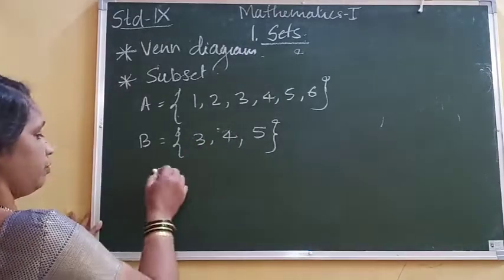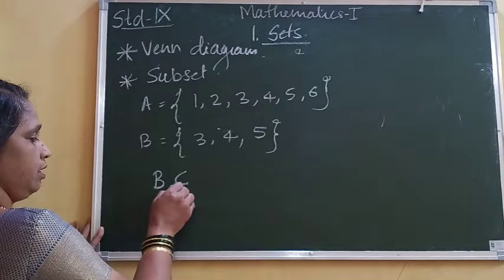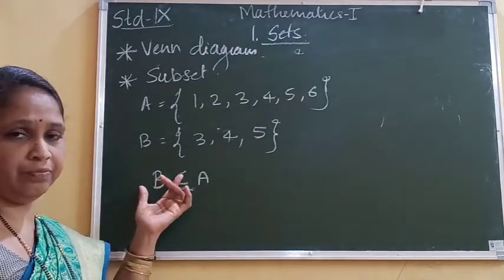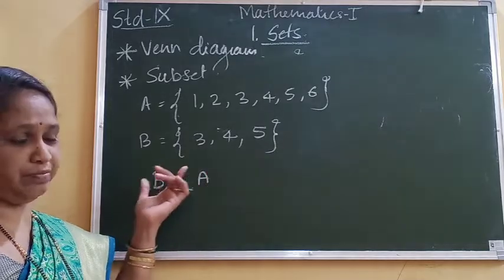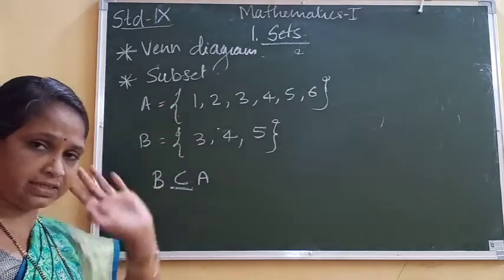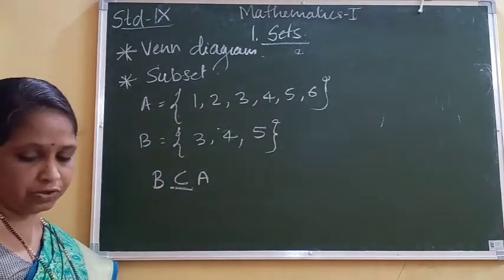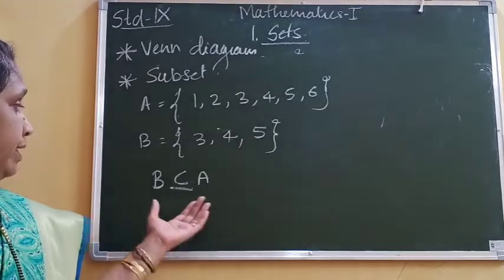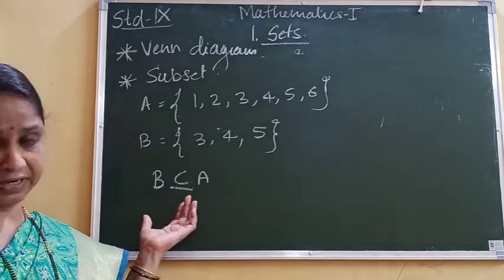Now how can we write this symbolically? B is a subset of A. You can read it this way: B is a subset of A means all of B's elements are present in A. Now this you can also represent in the form of a Venn diagram.